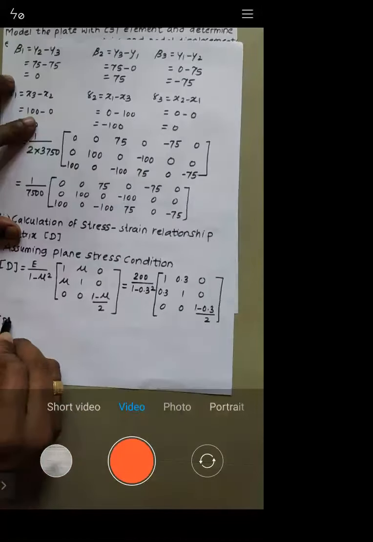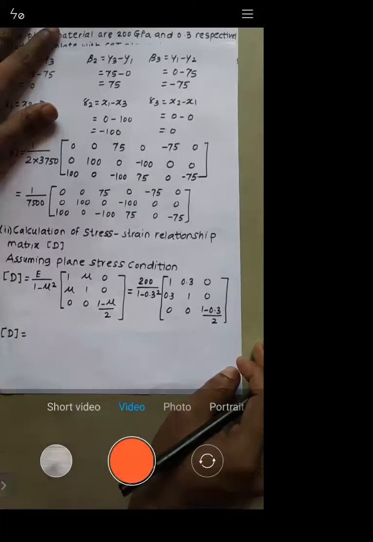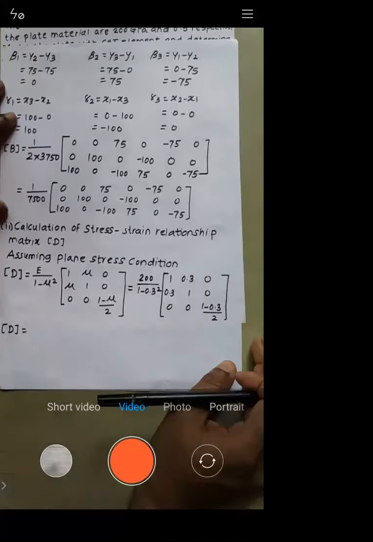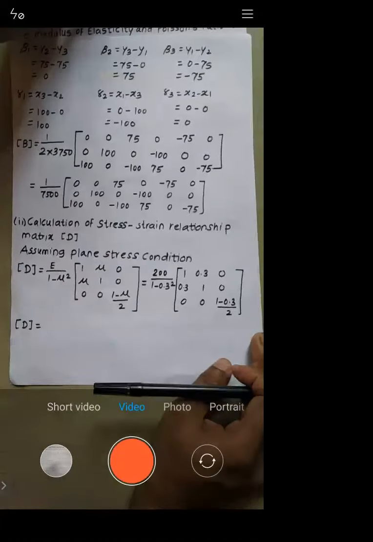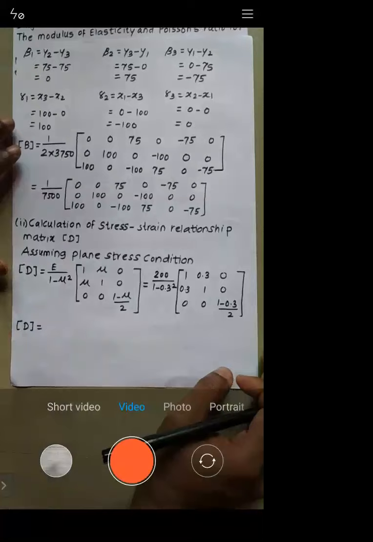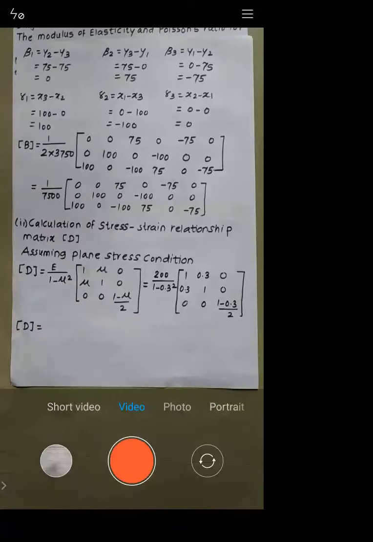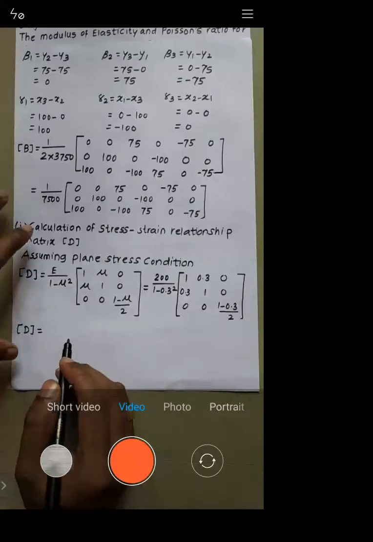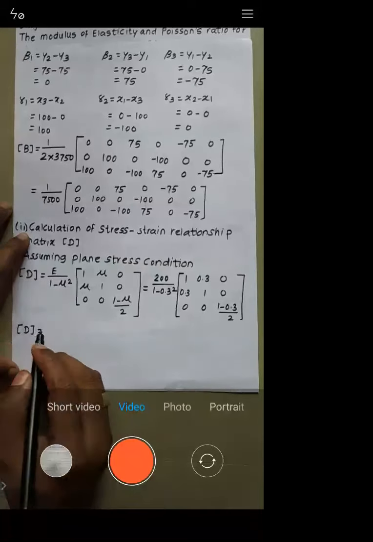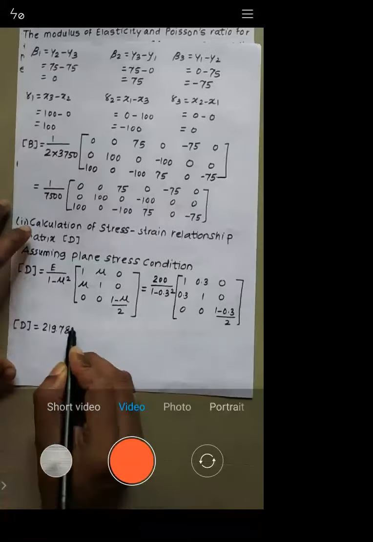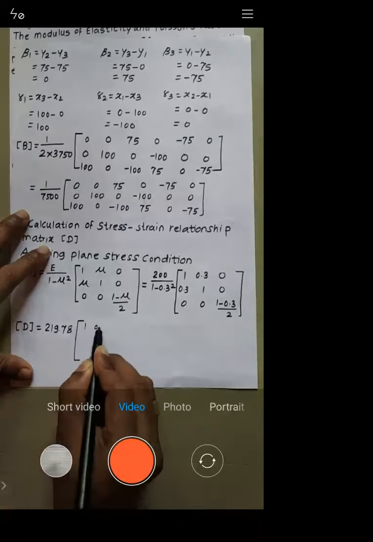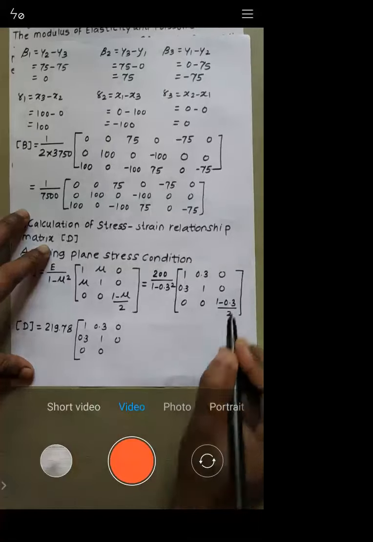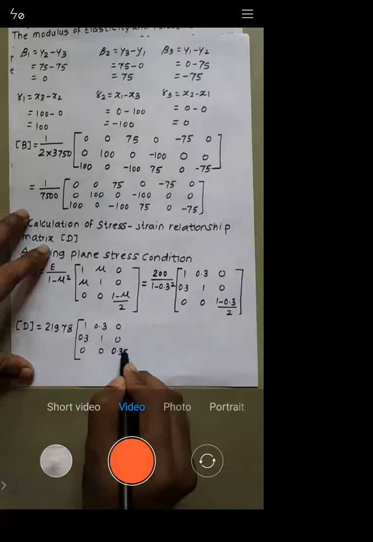It is 219.78, into the matrix 1, 0.3, 0; 0.3, 1, 0; 0, 0, and 1 minus 0.3 is 0.7 by 2, which is 0.35.